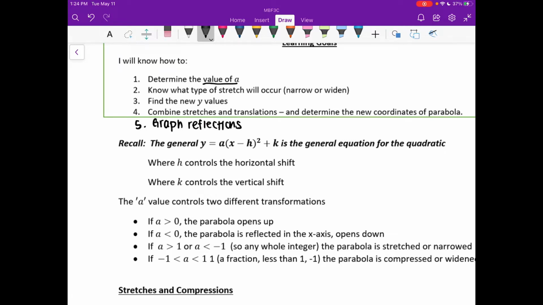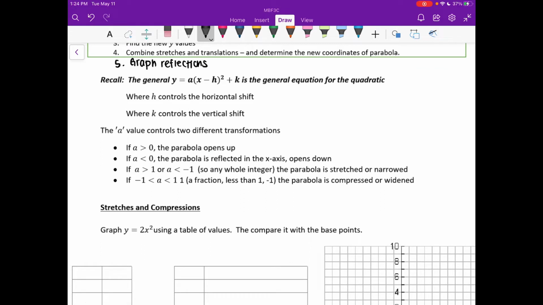Okay, so we're just going to get started. I'm going to start that again. You'll know that the general equation is y equals a(x minus h) squared plus k.